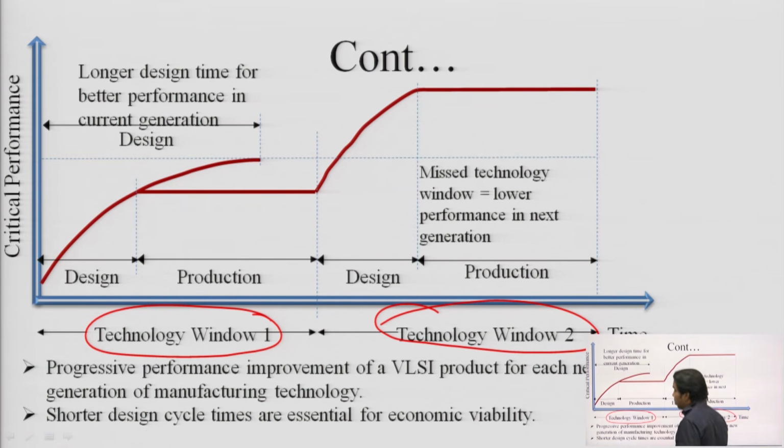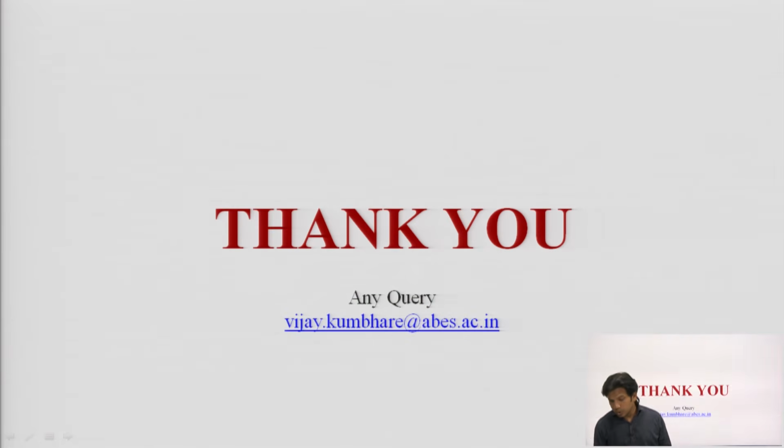Whereas, if you are not meeting the proper time, then you can miss the technology. That means if someone else has designed a particular area priorly and you are not meeting it, then you are lacking with the current demand of technology. So, you have to take care. Shorter design cycle times are essential for economic viability. Clear? So, this is all about today's lecture.